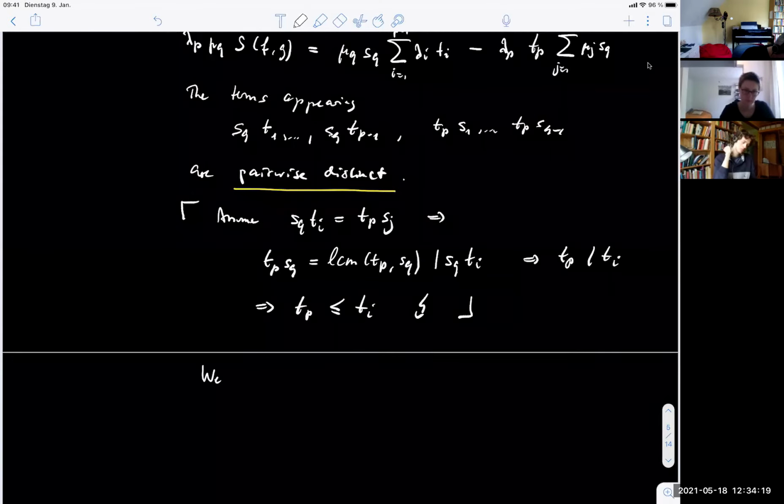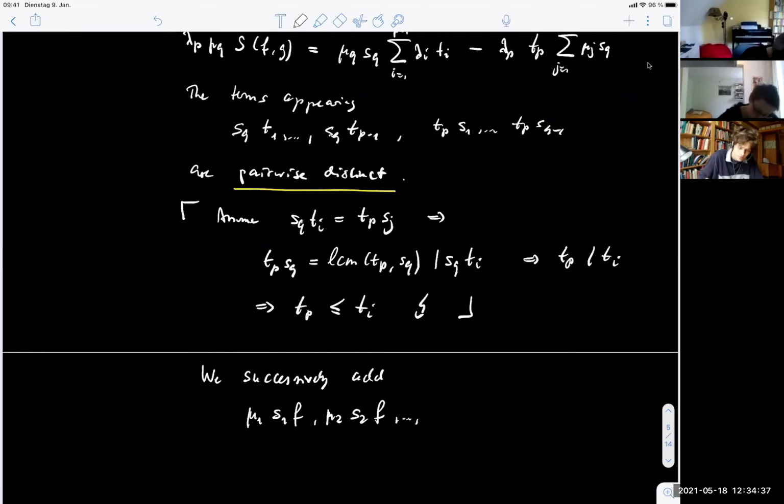We successively add these polynomials, u_1 s_1 times f, u_2 s_2 times f, and so on, u_{q minus 1} s_{q minus 1} times f.